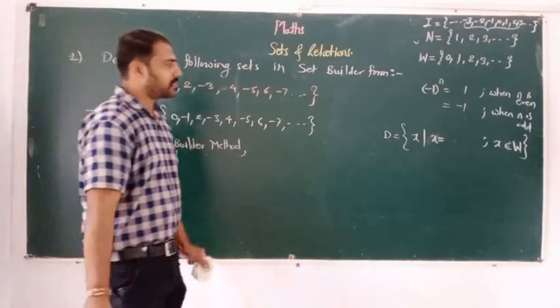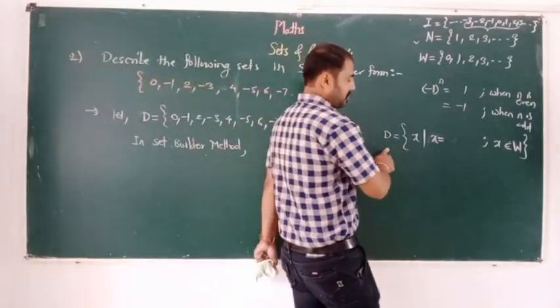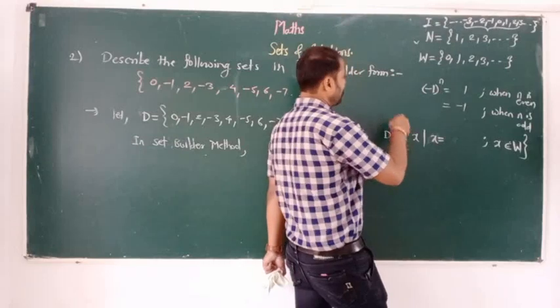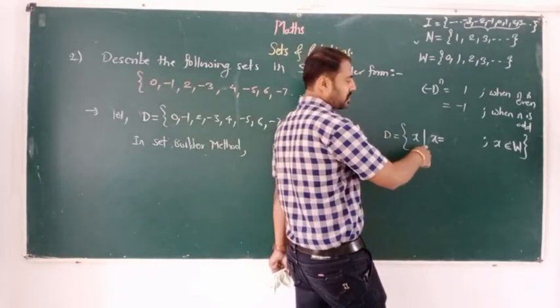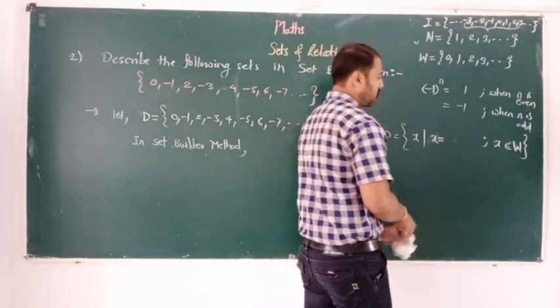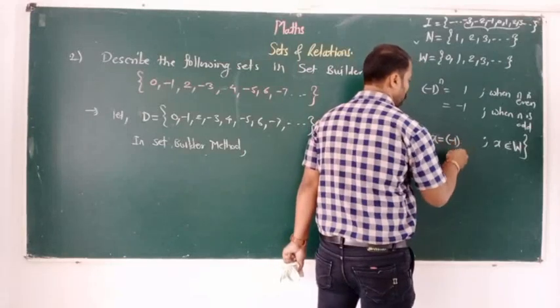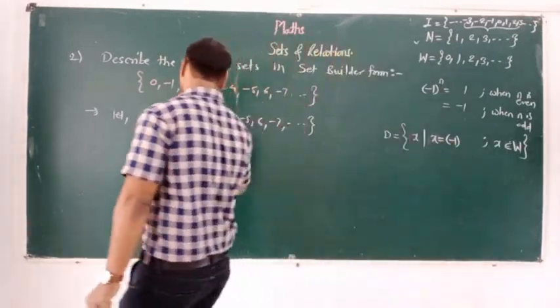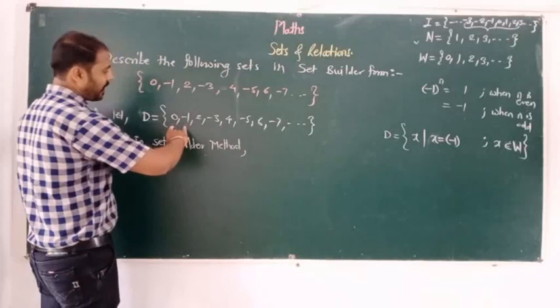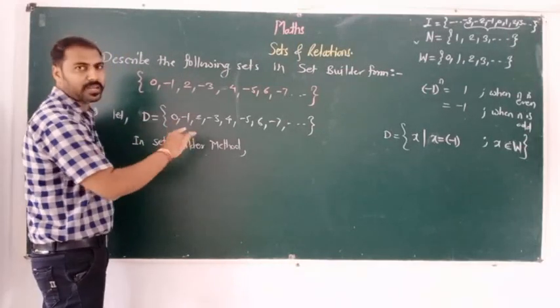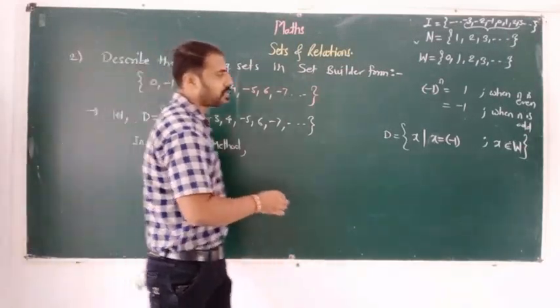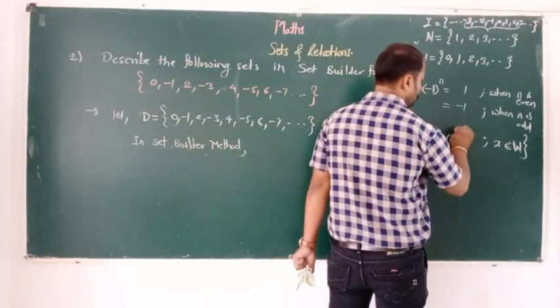So I am writing set D in set builder form as the set of all x such that x is equal to minus 1 raised to n into n. In this set, the terms alternate plus, minus, plus, minus. For that I am using minus 1 raised to n.